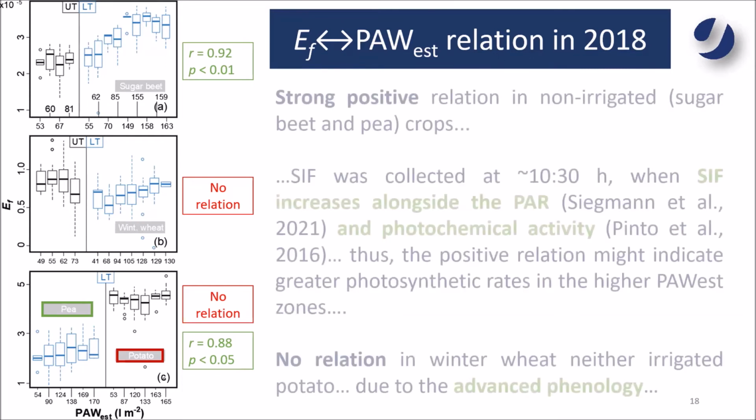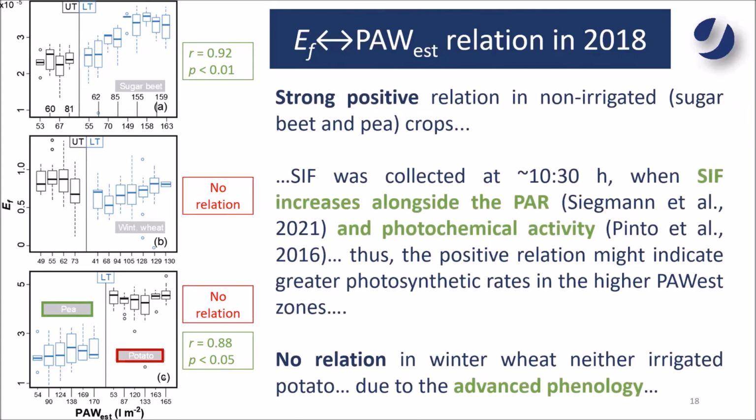And you can see, we found a strong positive correlation between both variables in the non-irrigated summer crops, which for 2018 are sugar beet and pea. And we think that this is related to the time of day when we collected the data, which was around 10:30, which in the diurnal course of SIF is generally a moment when SIF is increasing along with PAR, photosynthetically active radiation, and photochemical activity or photosynthesis.